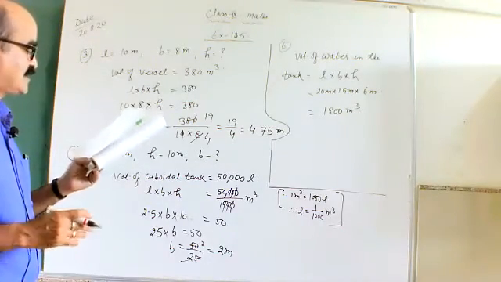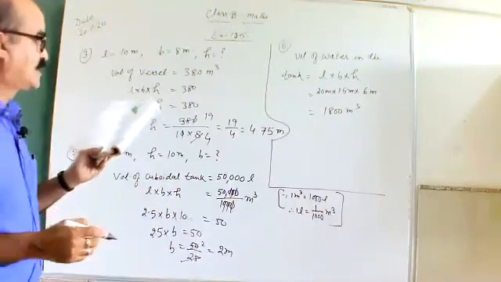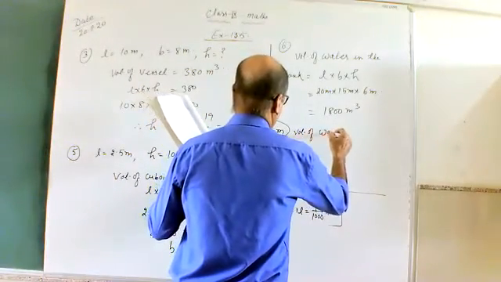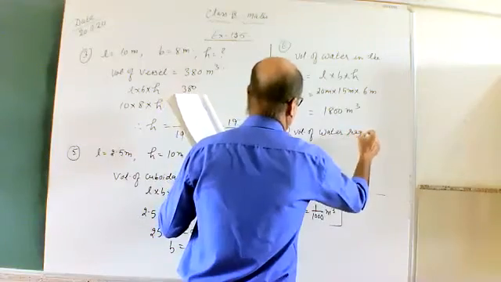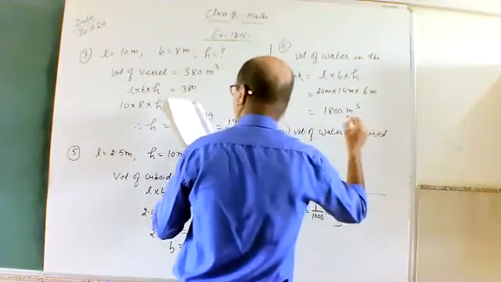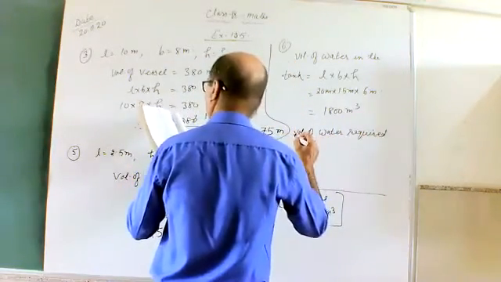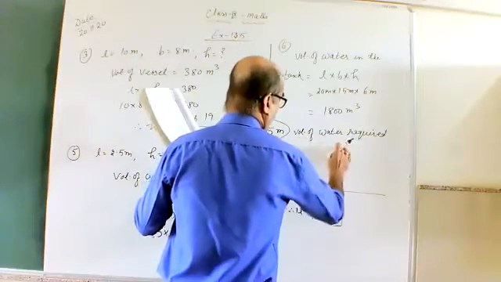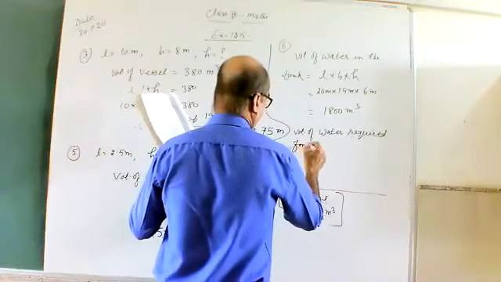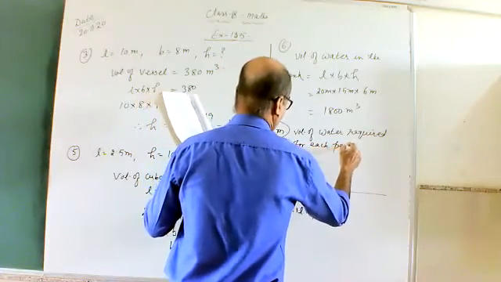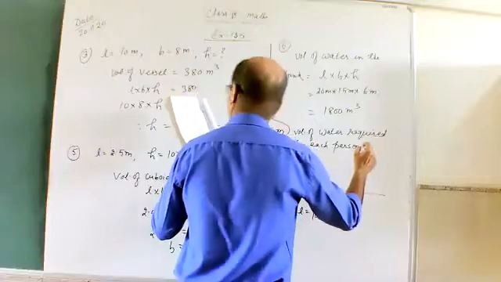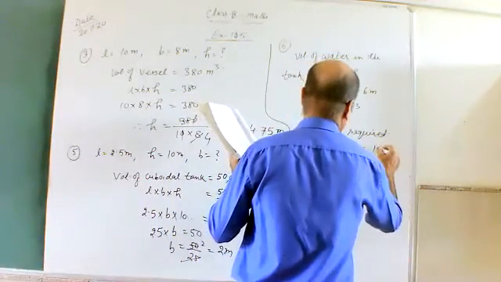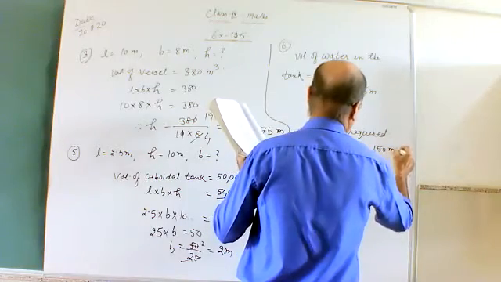And what is the need of water per day? Volume of water required for each person, that is how much? That is 150 liters.